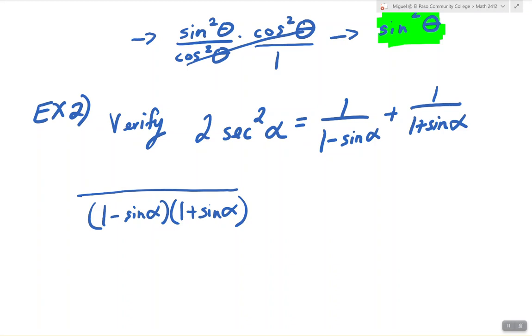So here we'll have 1 times 1 plus sine of alpha, so this is going to be 1 plus sine of alpha. And then plus 1 times 1 minus sine of alpha, so that's going to be 1 minus sine of alpha.